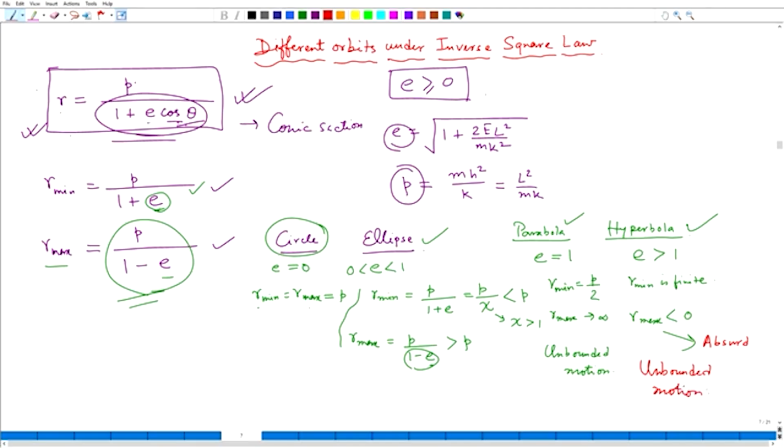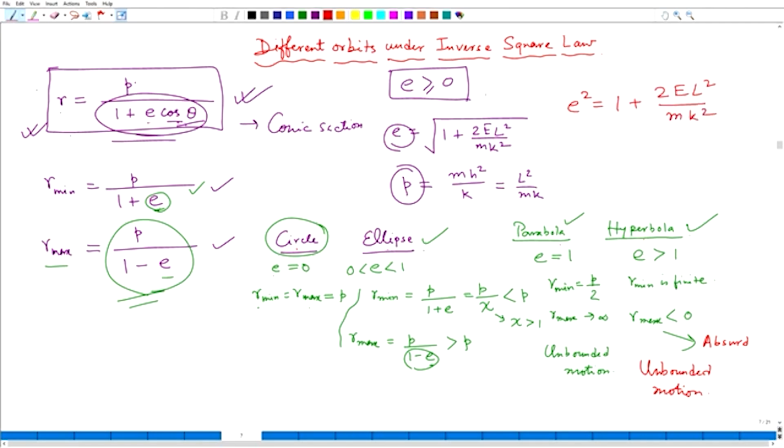Okay. Now, I can tell you another important thing, what happens in circle, ellipse, parabola and hyperbola in terms of energy. We now know the relation between E and capital E. So, E square is equal to 1 plus 2EL square by mk square.